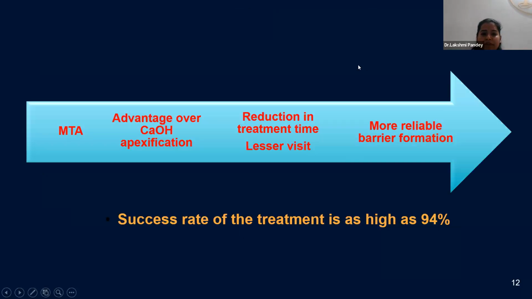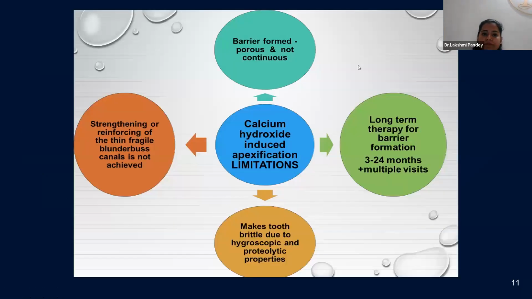The first problem is that the bridge formation, or the barrier, was very porous and not continuous when we used calcium hydroxide. This was the main drawback.